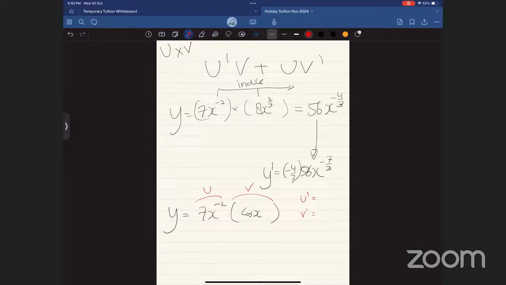Okay, Matthew, u prime, please. 7x to the power of -3. Right. And then times -2. Right. So whatever the result is, you will be correct. Okay, v prime.